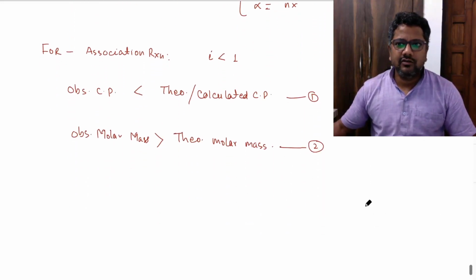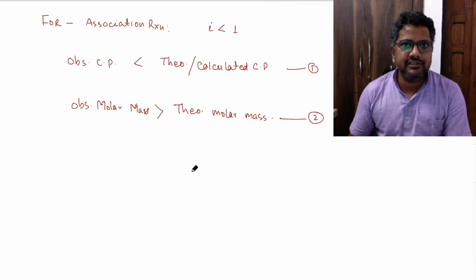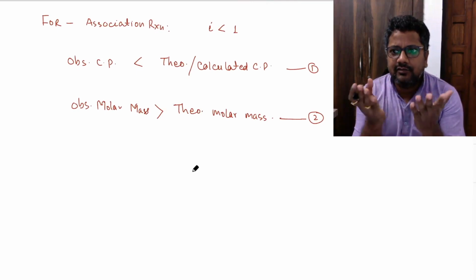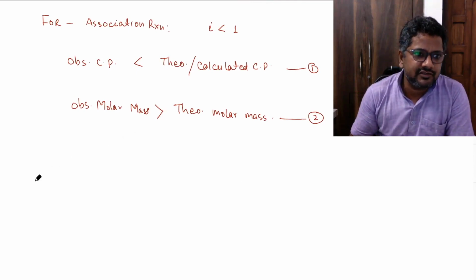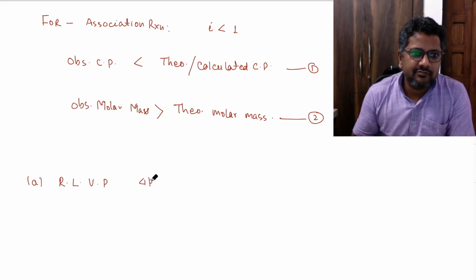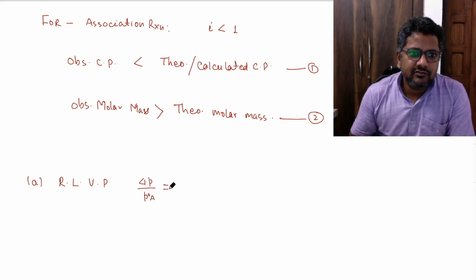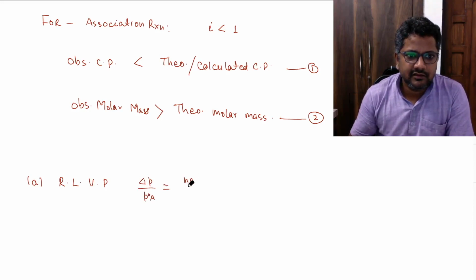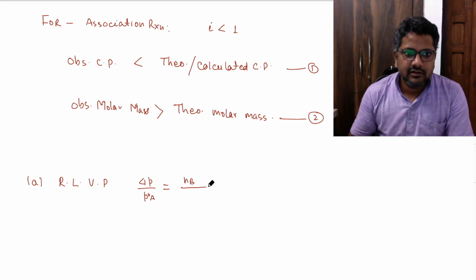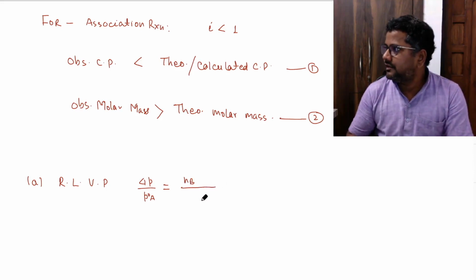Okay, now see how to change your formula. Now you have two formulas for calculating. Suppose we are considering relative lowering in vapor pressure. Relative lowering in vapor pressure, delta P by P naught A, is equal to NB by Na plus Nb.